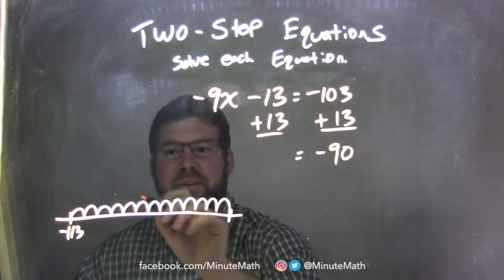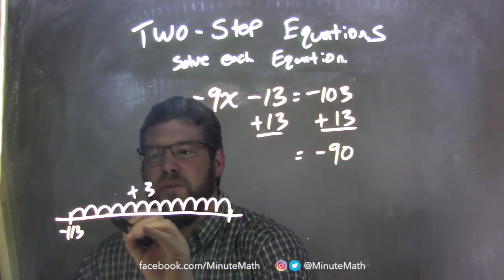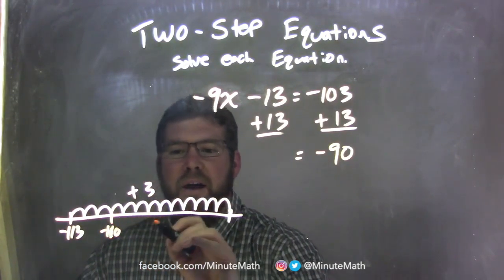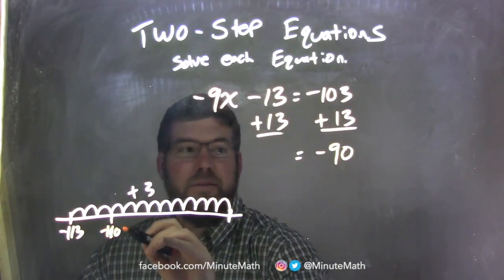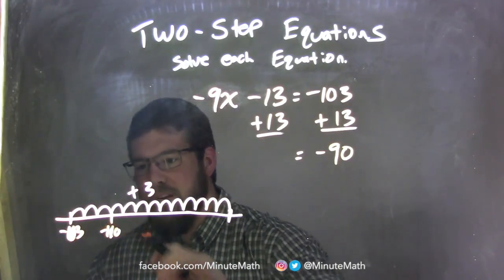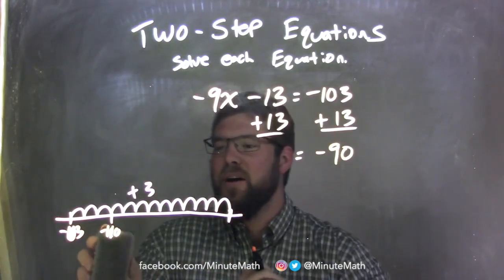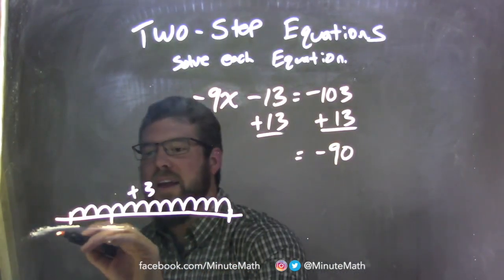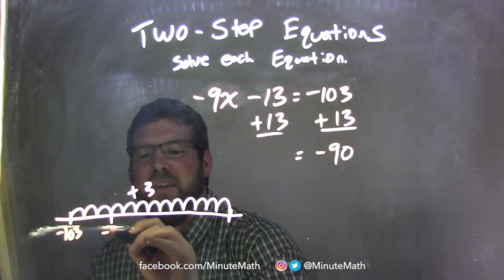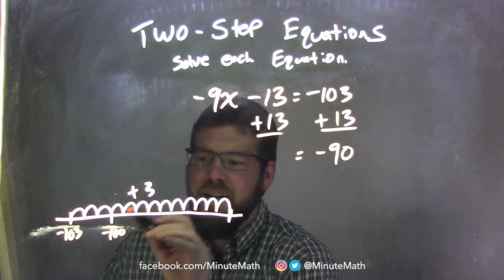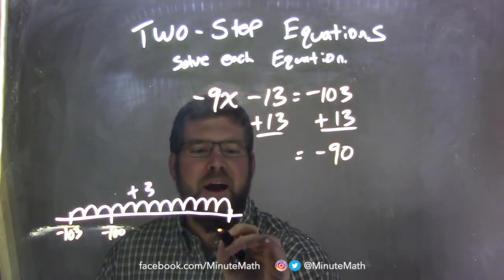We're adding 13 units. 1, 2, 3 gets me to negative 100. Sorry, it's negative 103, not 113. So 3 gets me to negative 100. Then we do 10 more, which gets me to negative 90.